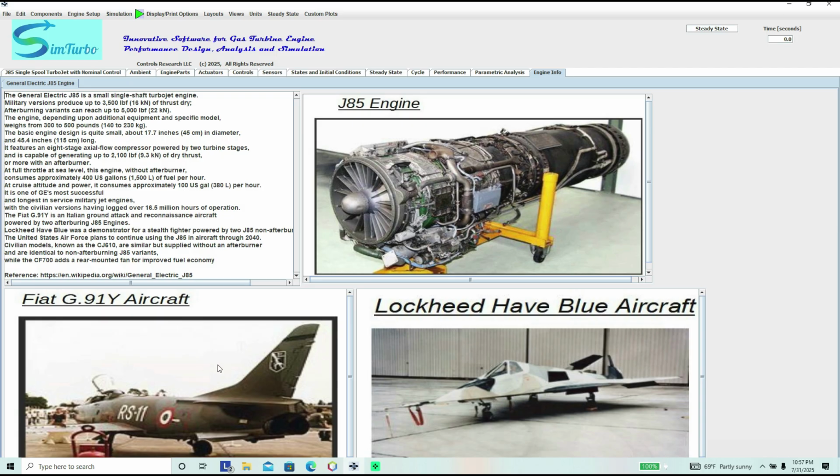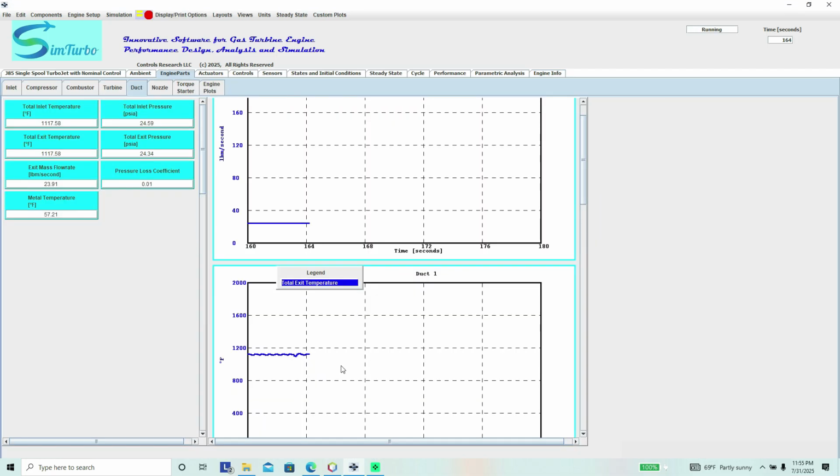And of course, the J85 engine was a military jet engine. And for your example, the reason I chose the J85 is there's a lot of information on the internet regarding it.